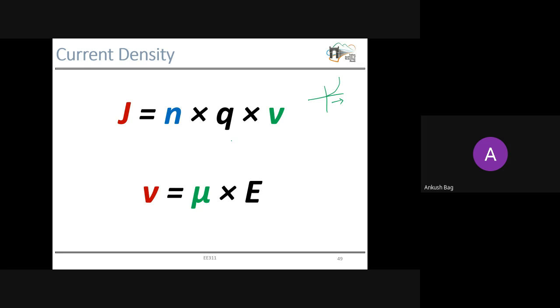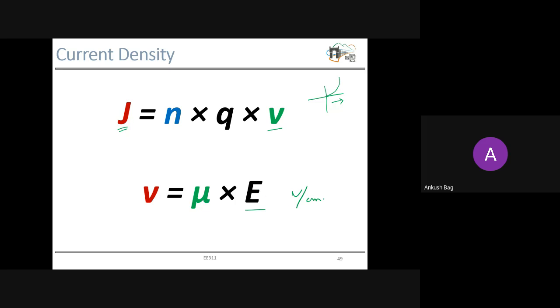Typically, the current density J depends on the velocity of carriers due to the applied voltage or electric field. This velocity of your carriers is related to the electric field, which means the voltage per centimeter that you are applying across your device.